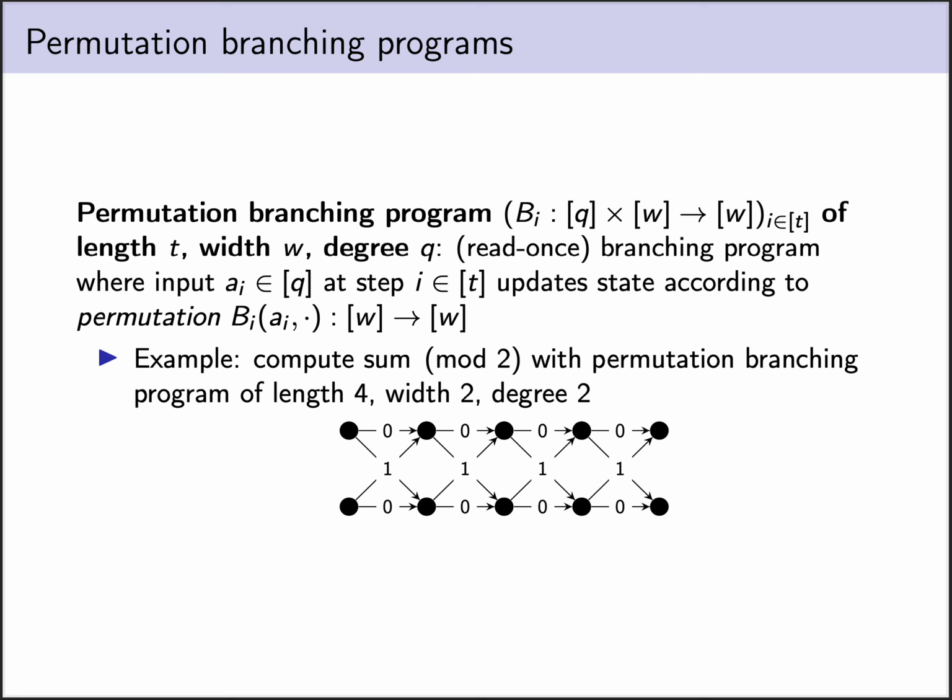At each step, we read in the input A sub i, and at step i, we update the state according to a specified permutation acting on the W possible states. The permutation depends on the input A sub i and the step i. As an example, we can compute the sum modulo 2, or the sum modulo any W, with a permutation branching program of width W.